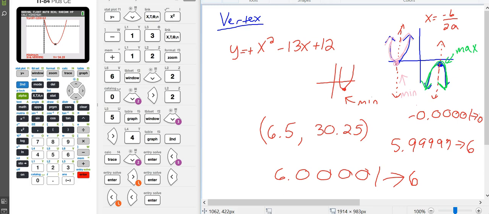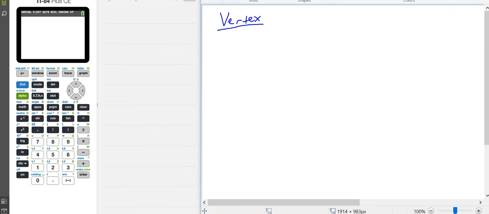There's one more thing that we're going to discuss related to the vertex, and that is vertex form. Vertex form of a parabola is y is equal to (x minus h) squared plus k. In previous lessons, previous videos, we've only discussed standard form of a quadratic: y is equal to ax squared plus bx plus c.